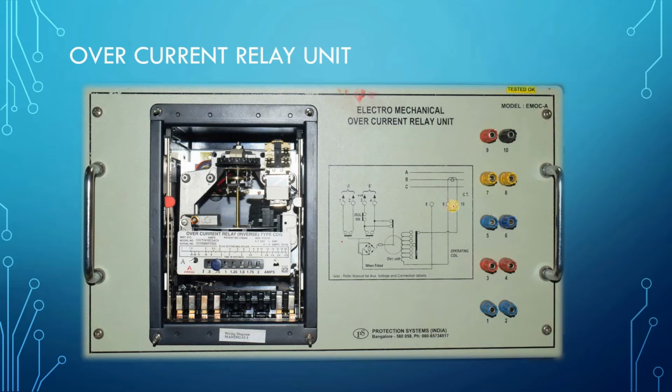And what are 9 and 10? You can see this is the input from the CT. That means this is the current input terminal, 9 and 10. And for 1, 2, 3, 4: 1, 2 is the alarm terminal and 3, 4 is the trip terminal. Both are the same, but one terminal we can use for the alarm and one for the circuit breaker to trip.